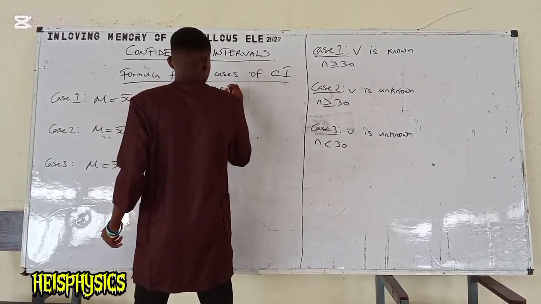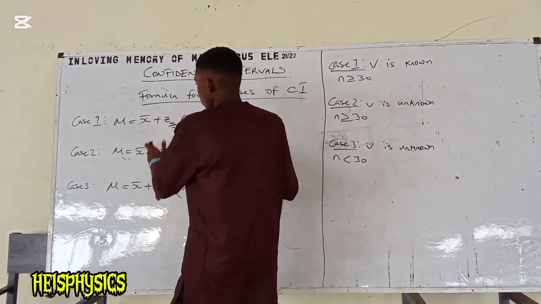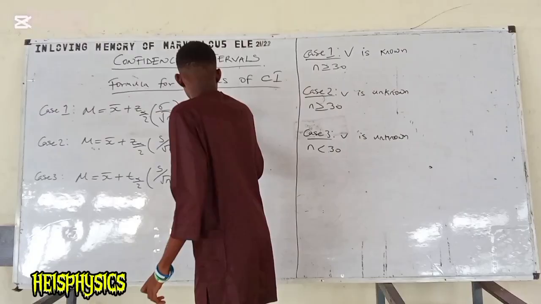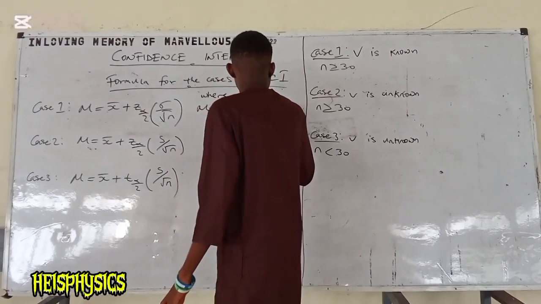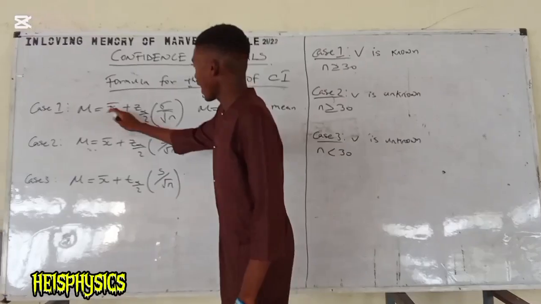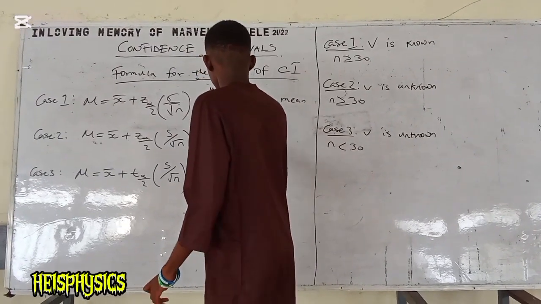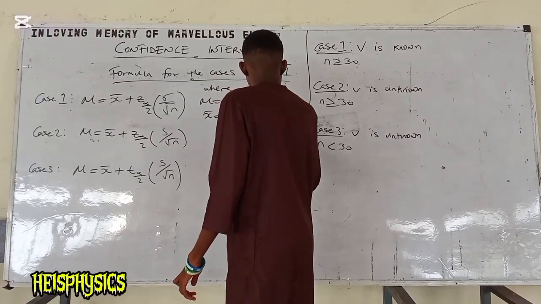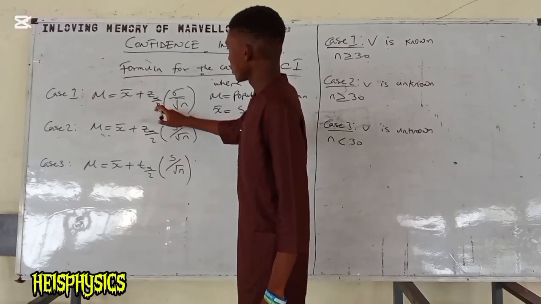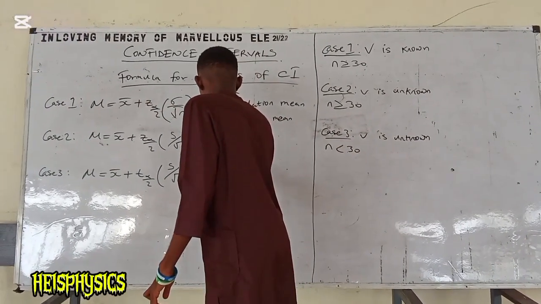Where mu equals the population mean. X bar is the sample mean. This stands for z.